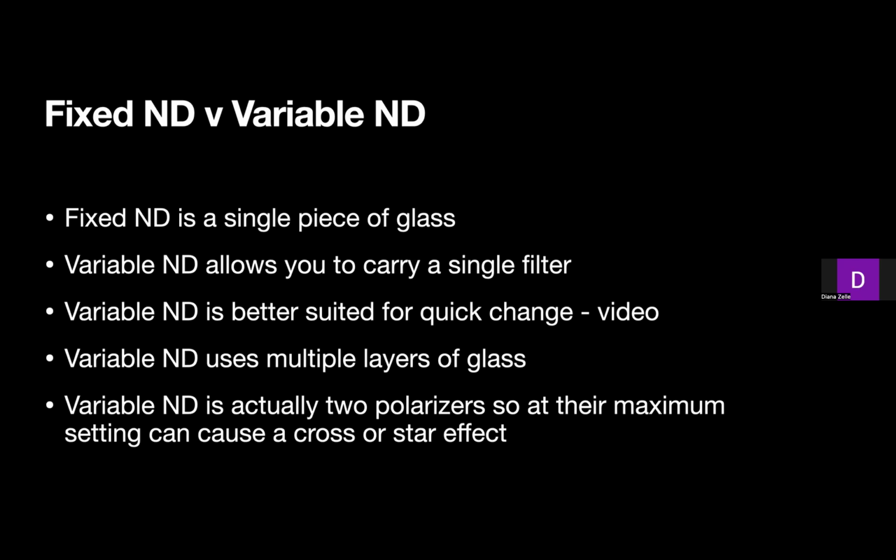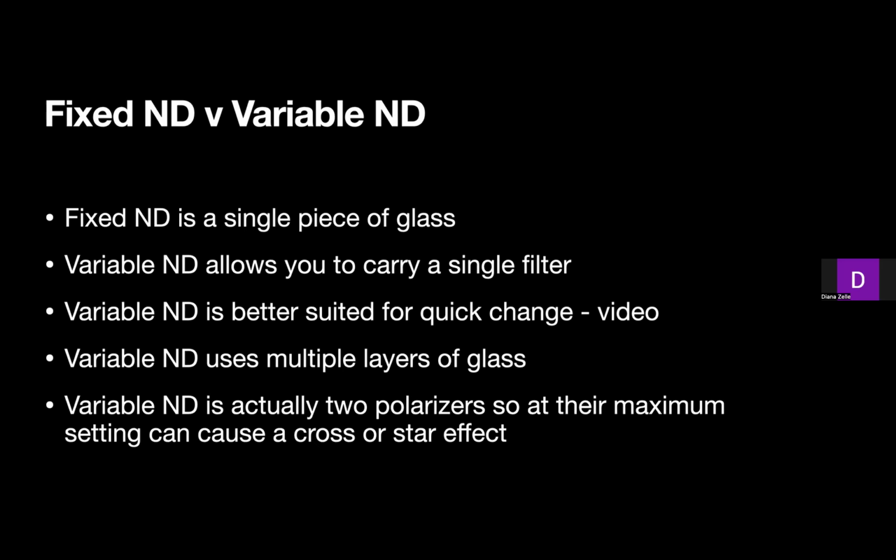Variable NDs usually are not fully usable all the way to their end. In certain circumstances, you can get by with it because the X doesn't show up in your particular scene. But be aware, if you're ever using a variable ND and you're getting an X look in it, that's why.